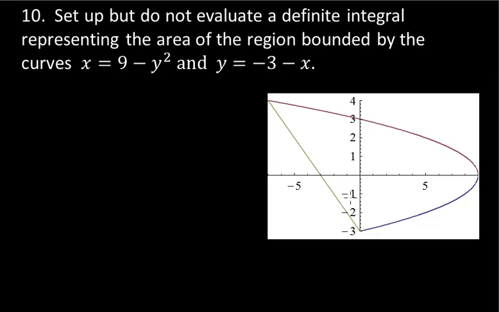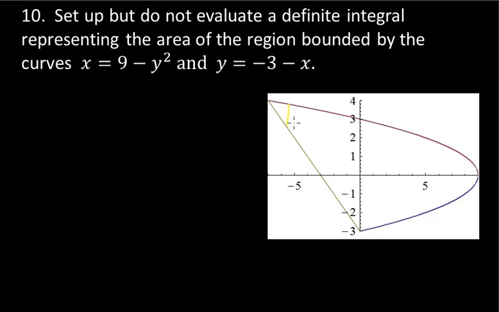So here we want to find the area of the region, and it's bounded by the line x equals minus 3 minus y and the parabola x equals 9 minus y squared. Now remember, to find area we drew a representative rectangle, and the rectangle would be vertical or horizontal. Notice if we drew it vertical here, the top would be on the parabola, the bottom would be on the line.